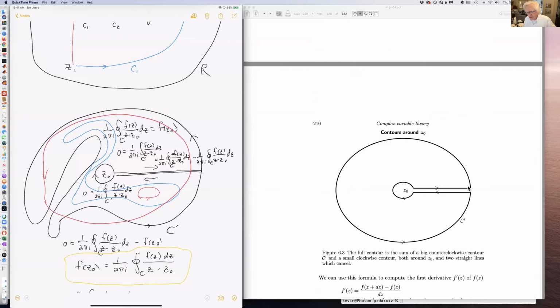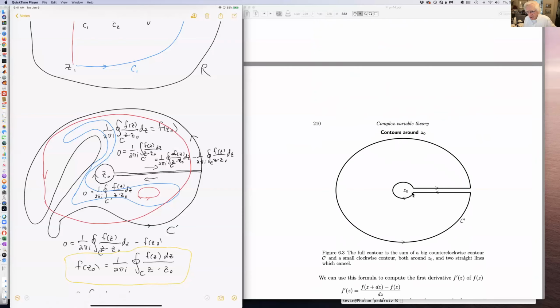So if we imagine this whole plane except for the point z0, this contour can be thought of as in a simply connected region, and that simply connected region is basically everything except for a little disk around z0 and a tiny tube going out here.